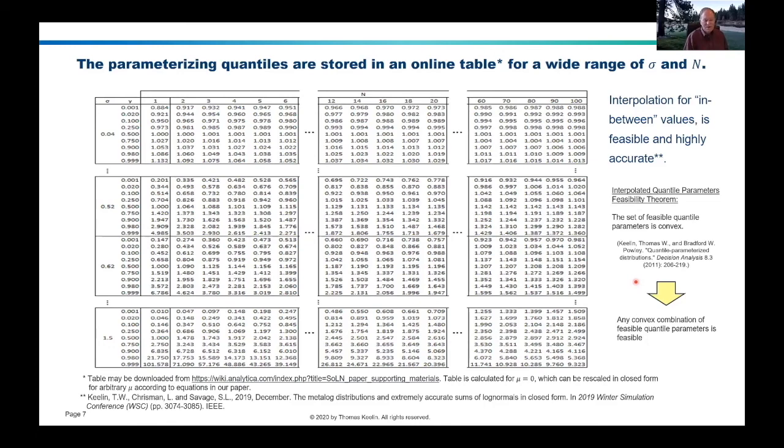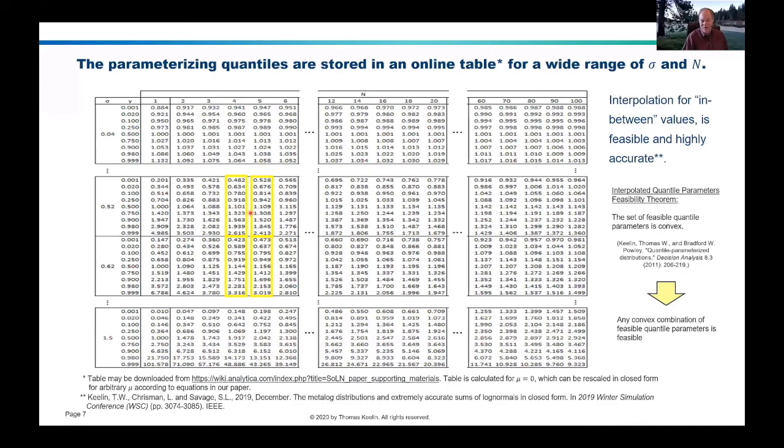So if you wanted some sigma in between 52 and 62, let's say 57, and then something between 4 and 5, I don't know how you get 4.5, but whatever, you could take an interpolation of those 4, and assuming that the 4 of these are feasible, which you would check when you calculate the quantile table anyway, then you're guaranteed that the in-between values are feasible.